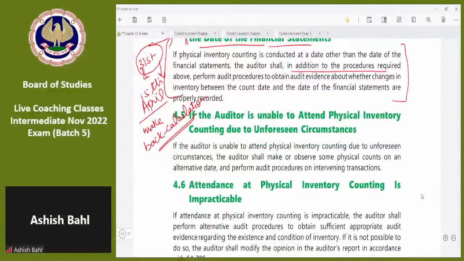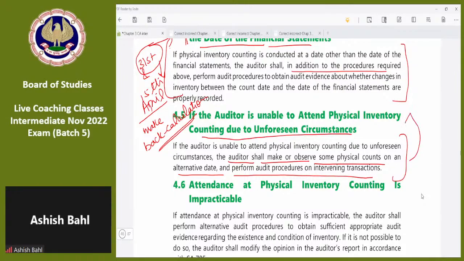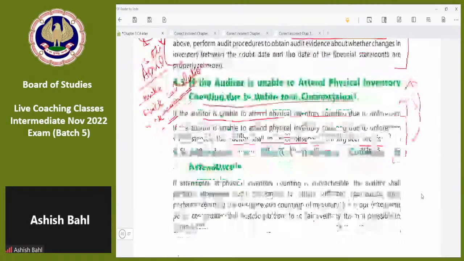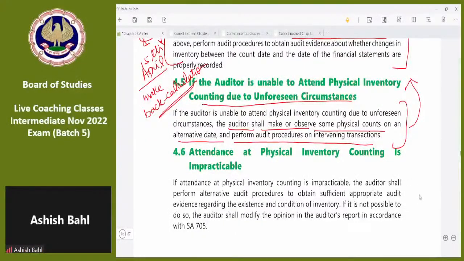So if the auditor is unable to attend physical inventory counting due to unforeseen circumstances, the auditor shall make physical counts on an alternative date and perform procedures on intervening transactions of the kind we had seen. Yes, Ayush, you are writing correctly. This point we have already discussed. If attendance at physical inventory counting is not practicable, the auditor shall perform alternative audit procedures.